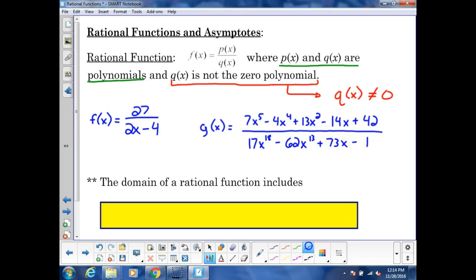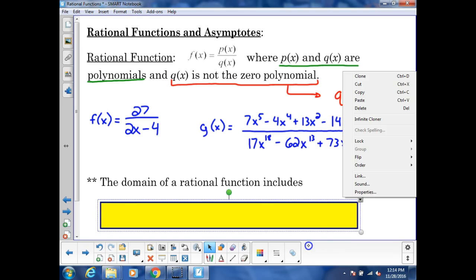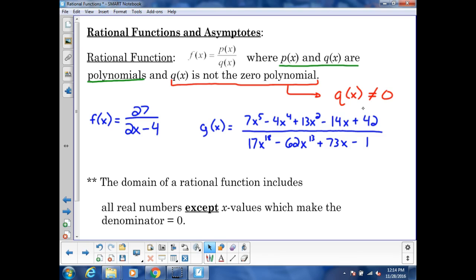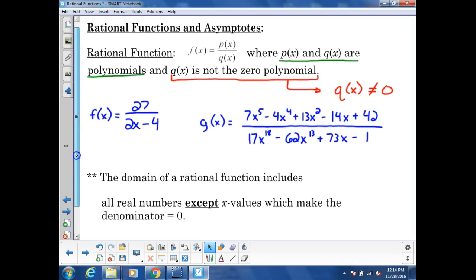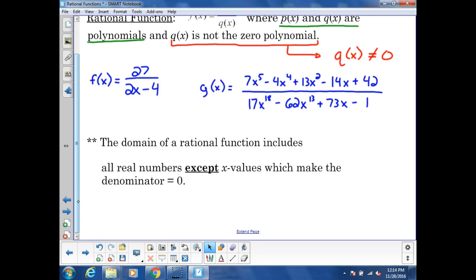Okay? All right? So, the domain of a rational function, we were talking domains in chapter 6, the one that we just got through doing. The domain of a rational function includes all real numbers except x values which make the denominator equal to 0, which is what you were asking about before, Shante.